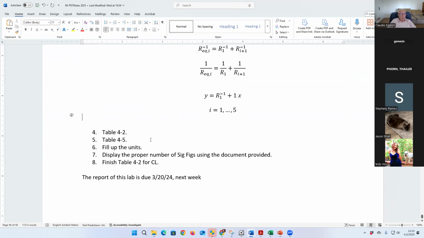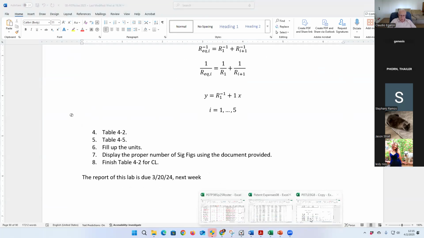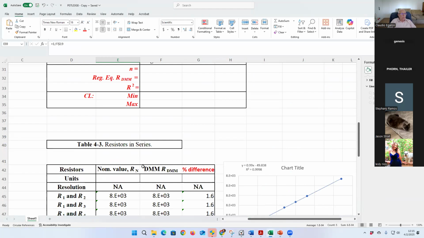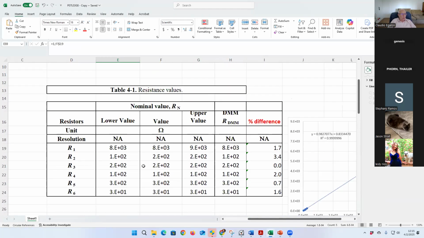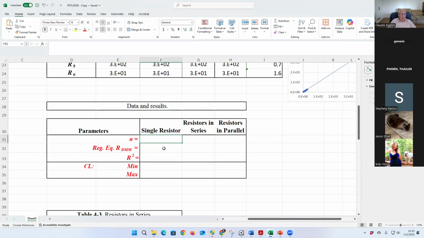And then we gotta fill up table 4-2. Let's see what's table 4-2. Table 4-2 is this one right here. We're just going to repeat what we did before: number of data points, the regression equation, and the R square value for a single resistor, resistor in series, resistor in parallel, and the CL for each combination here.